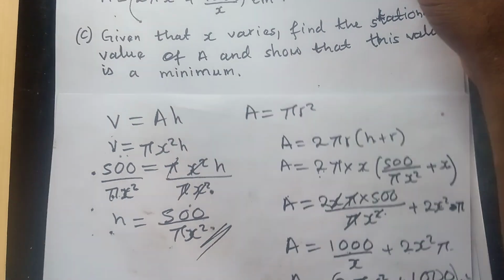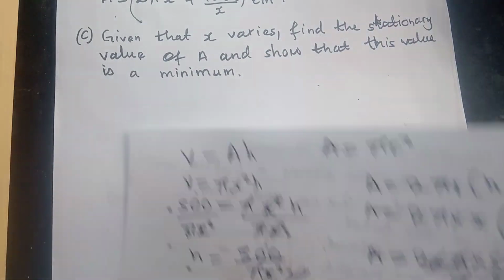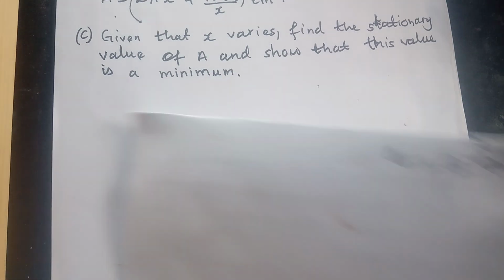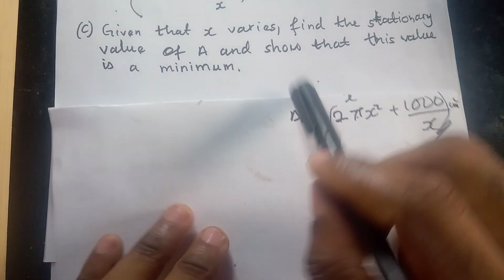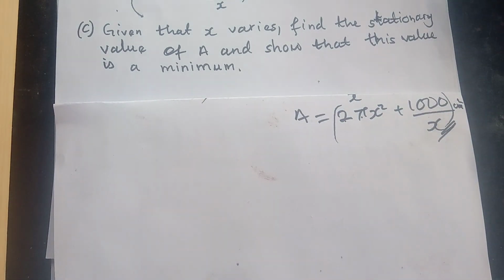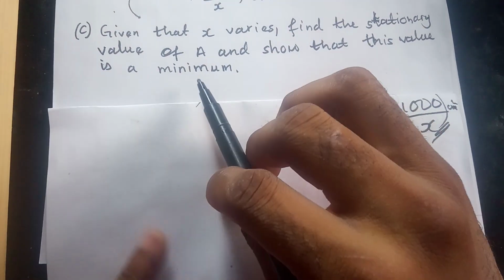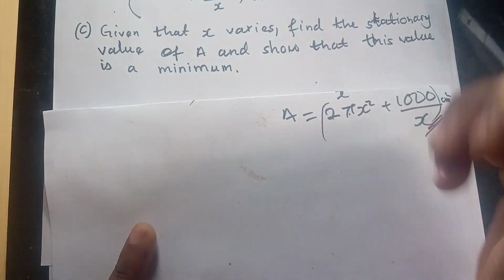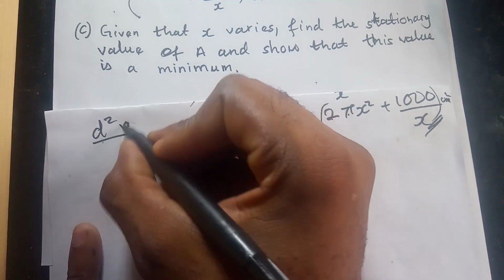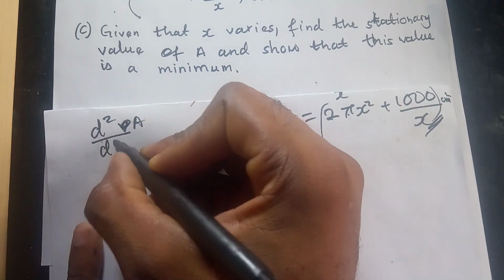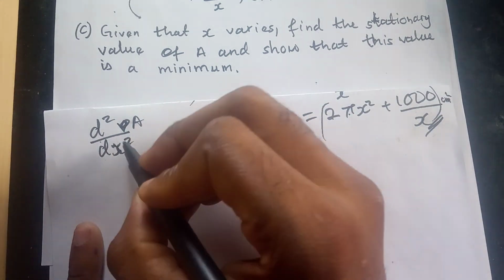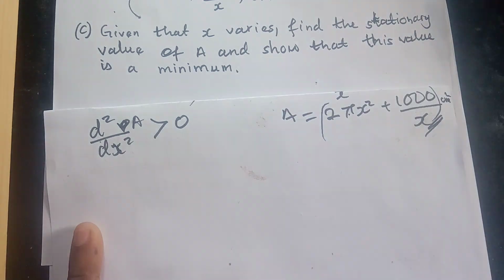Part B is saying given that x varies, find the stationary value of A and show that this value is minimum. So to show that this value is minimum, we have to find the d2A by dx2, and show that this number is greater than 0.